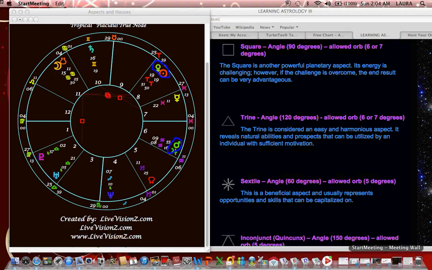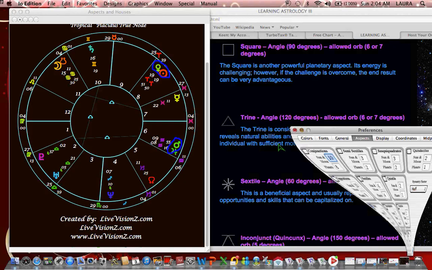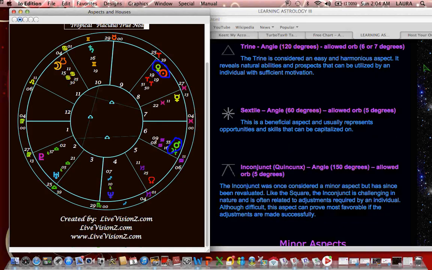So now we are going to go toward the trine and the good stuff. Trines are nice. A trine is 120 degrees, and it's basically 4 signs away, okay? It's considered an easy and harmonious aspect. It reveals natural abilities and prospects that can be utilized by an individual with sufficient motivation.